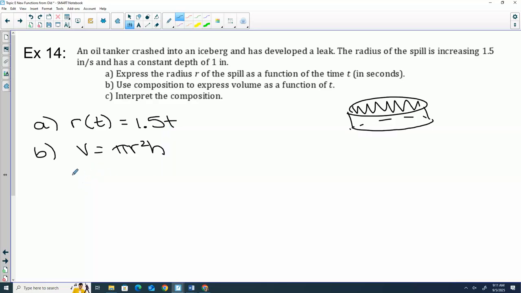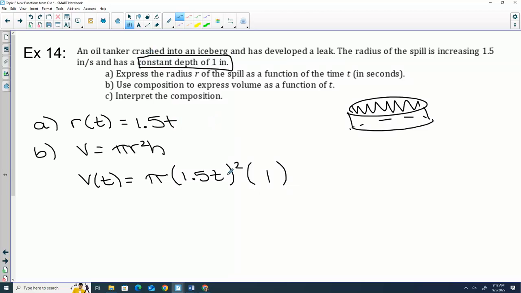So we want volume as a function of time. So time has to be my only variable. So I have to plug in something for R and something for H. What is my R? 1.5 t. What's my H? 1, because it said it was a constant.